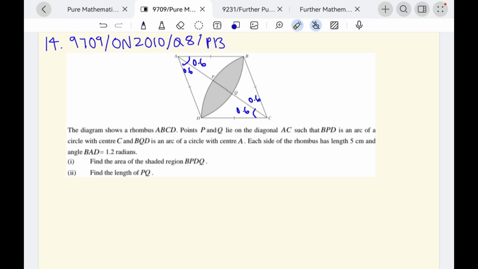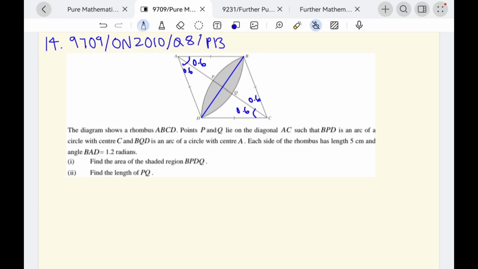For the first part, find the area of the shaded region BPDQ. How do we get the area of the shaded region? First thing first, you need to draw an axis of symmetry line, so you can visualize that there are two segments.